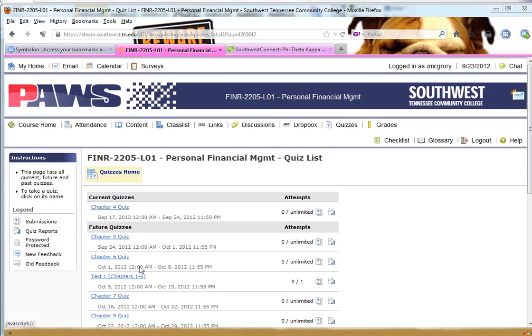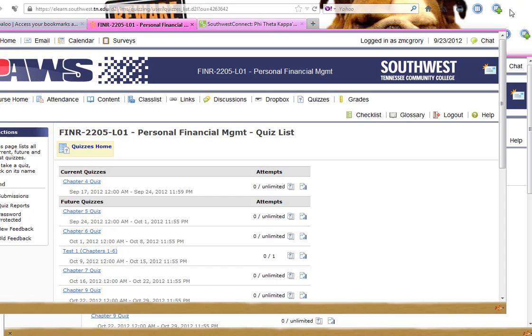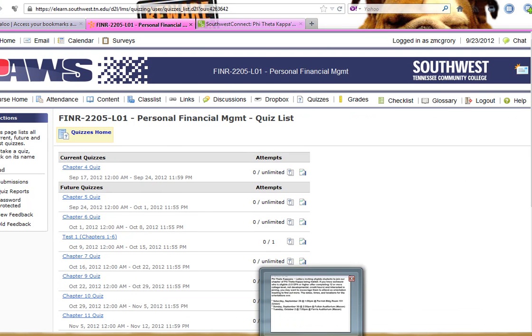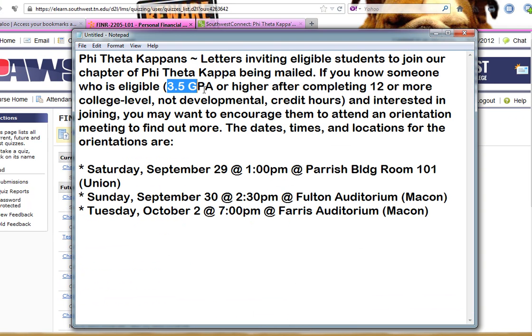Now, one last thing I wanted to talk about, which is maybe a little bit extra. If you are one of those students who have been working really, really hard and your GPA is a 3.5 or greater and you've completed 12 or more college level hours, this does not include developmental courses. So if it was a DSPM or DSPR or DSPW class, then that does not count as one of these 12 or more hours.